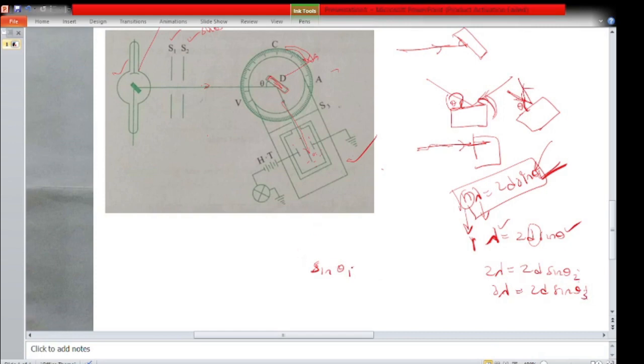If you consider sine theta 1 is to sine theta 2 is to sine theta 3, these values of the sines of the angles will be in the order 1 is to 2 is to 3.